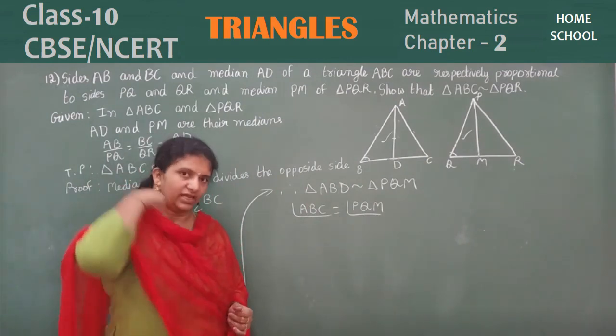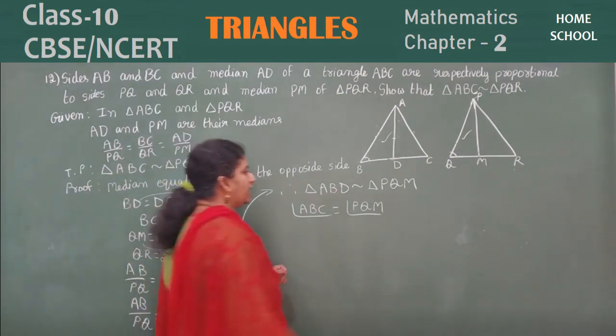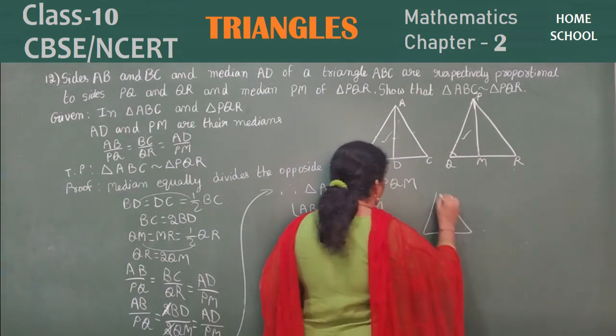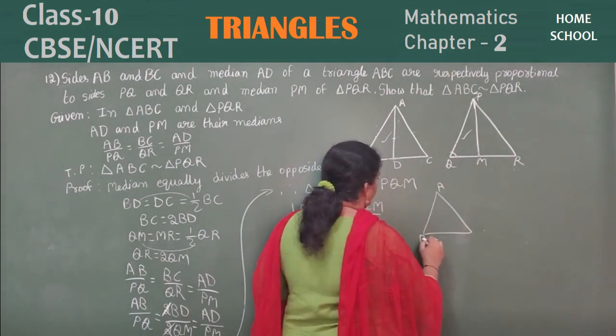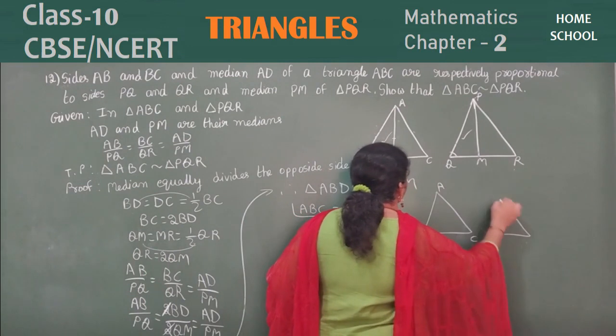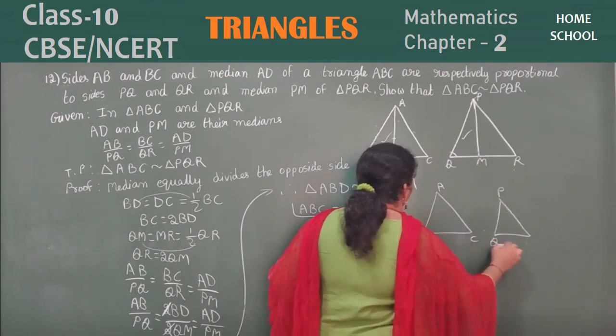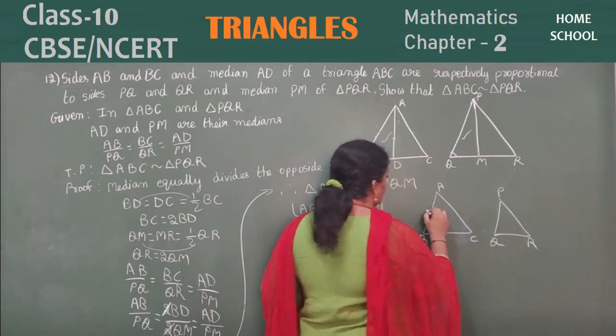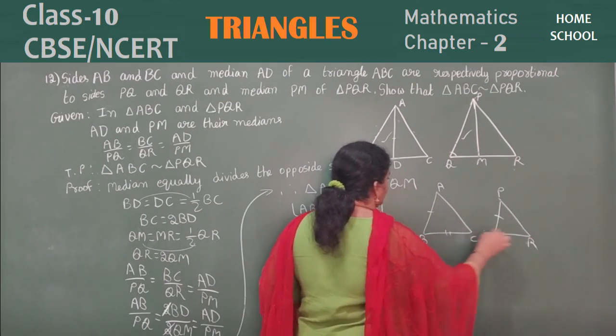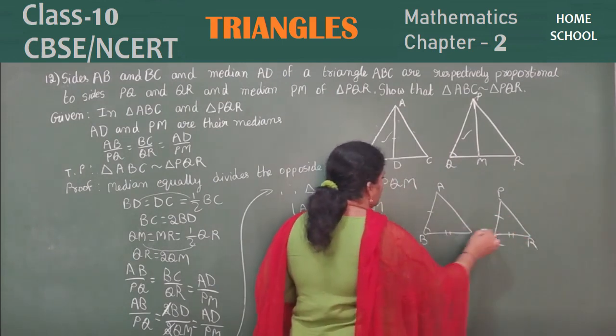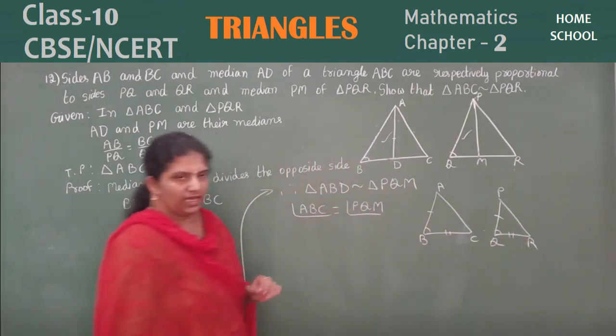Now, once again, look here, children. When we start comparing this triangle ABC and triangle PQR. Now, look here, these two ratios are in proportion and this angle is equal.